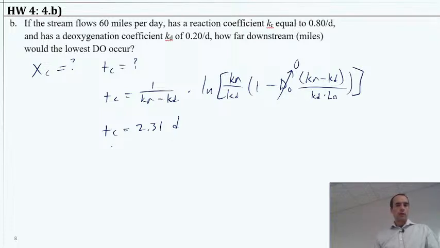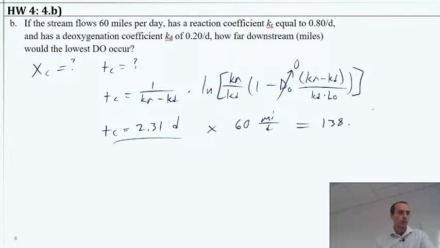So we get that value, and then from there, we simply need to multiply that by 60 miles per day. And that'll give us 138.6 miles for our answer.